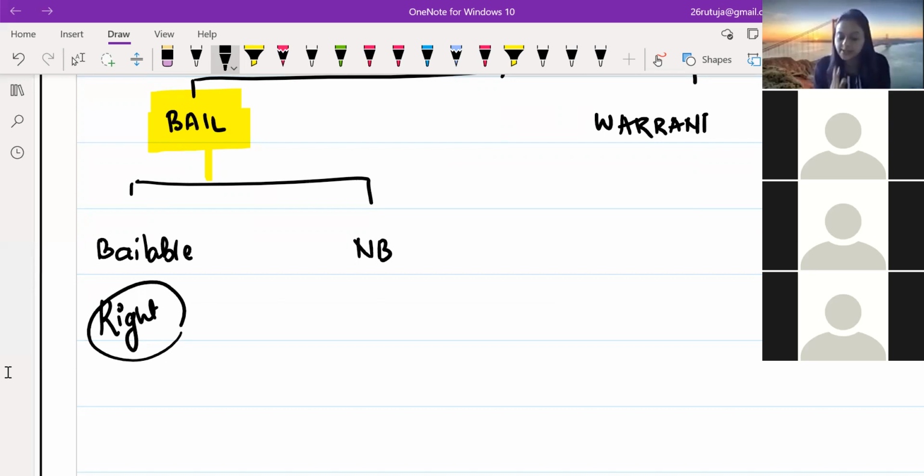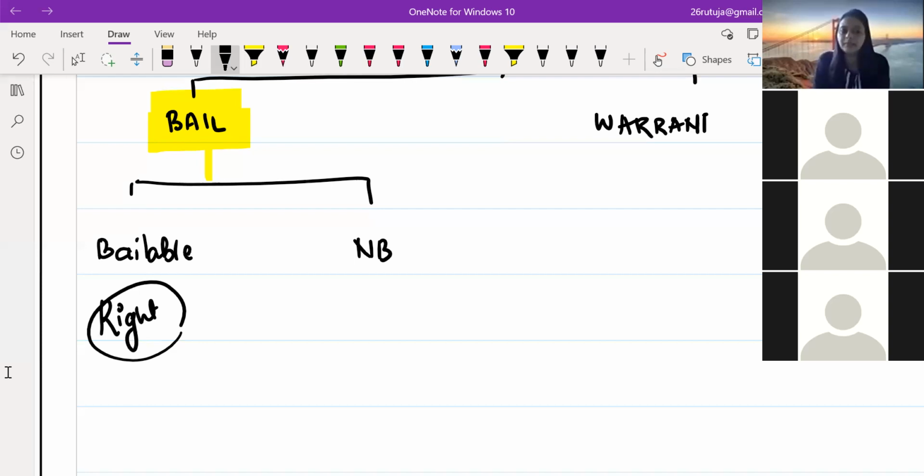You will present yourself in the court, right? So it's like a written bond where you are signing and you are promising that you will be present. So it is a right in every bailable offense. You ask for the bail application. आप लिख के submit करते हो. You submit it to the police officer. If he says yes, आपको bail grant होती है.